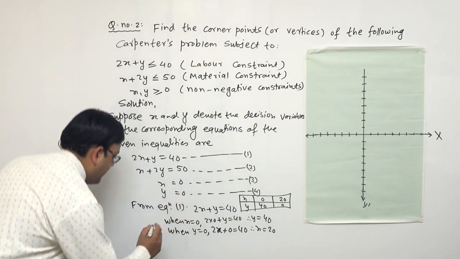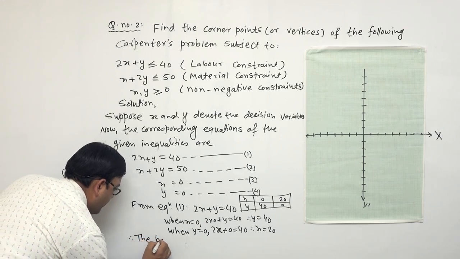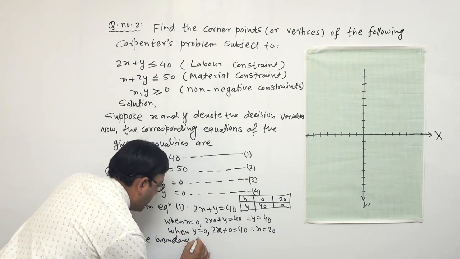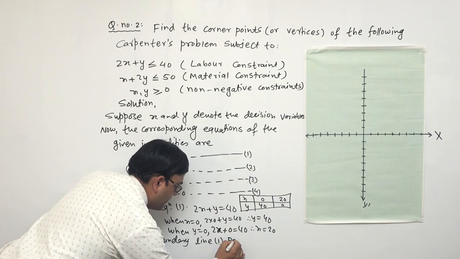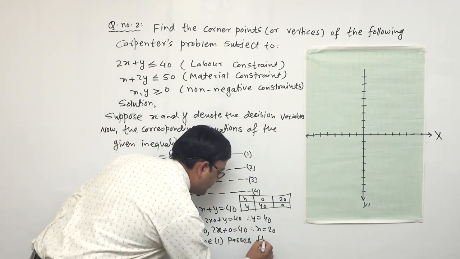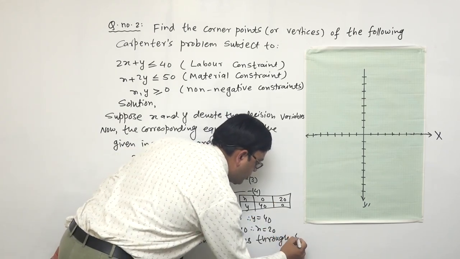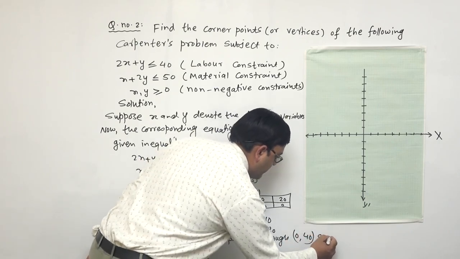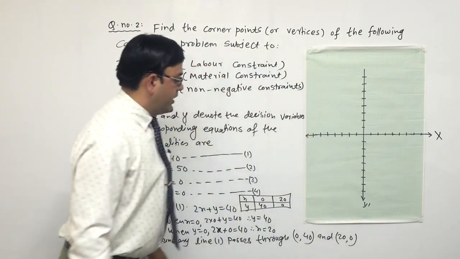Therefore, boundary line 1 passes through (0, 40) and (20, 0). Let's plot these 2 points in a graph.